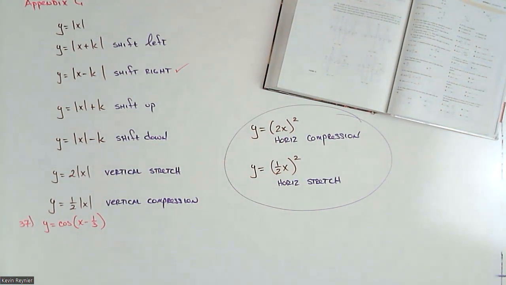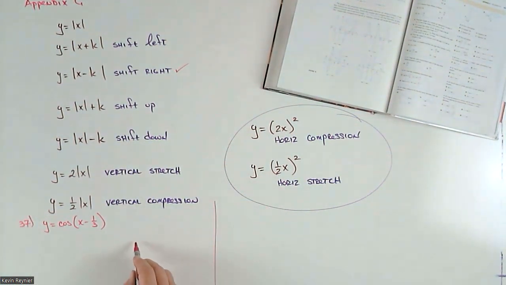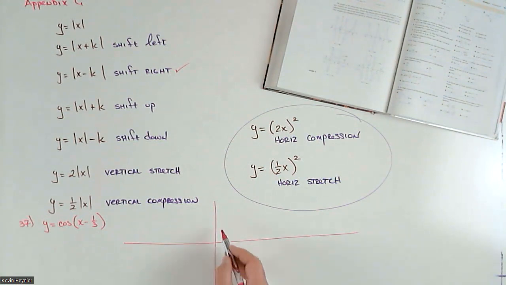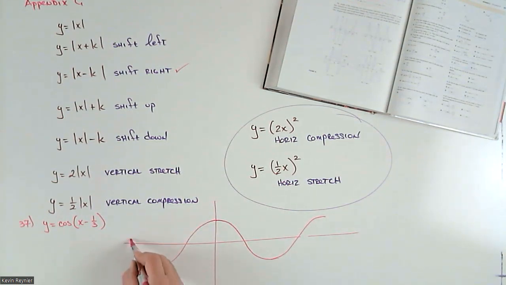Now, there's no pretty way to draw this graph. What I used to teach my students was just draw yourself a cosine graph, because we're all really good at those, right? Apparently I'm not. Draw yourself a cosine graph. Now this is 0.